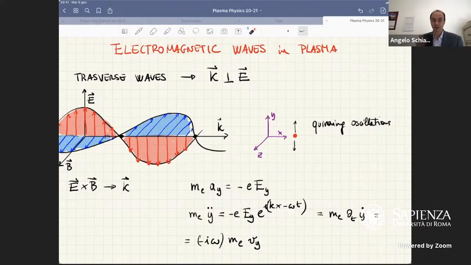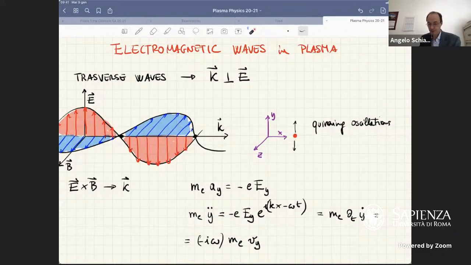If they are just free charges in space, the electron will just start oscillating at the same frequency of the wave, absorbing and re-emitting the light intensity. So this is happening in empty space. What is happening when we have instead an electron inside the plasma?